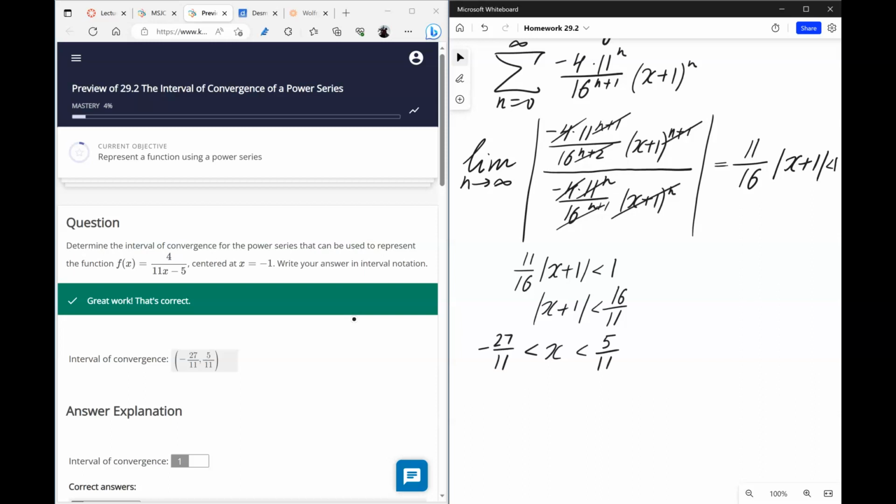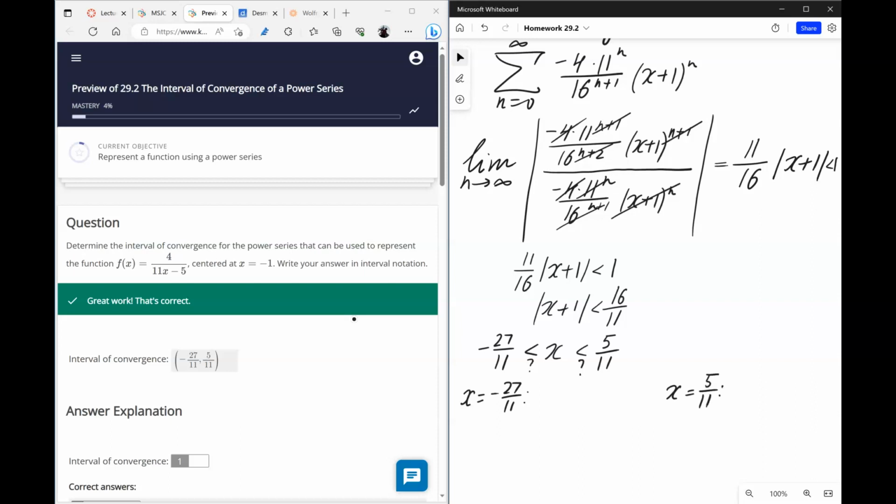However, not knowing where this series came from means we also have to go through an additional step and check the behavior of this power series at x equals negative 27 over 11 and at x equals 5 over 11.